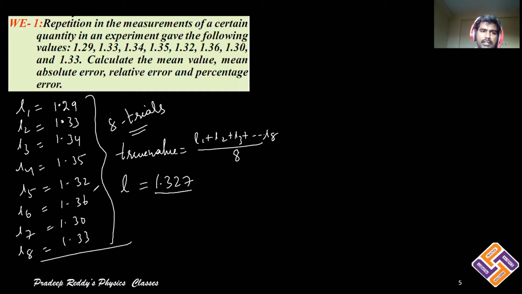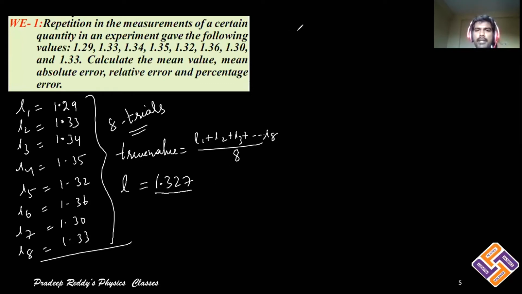L2, how many digits? 2. L3? So in all these trial values, you have only 2 digits after the decimal point. Therefore, when you take the average, you have got 3 digits after the decimal point. So don't take 3 digits after the decimal point when finding the average, because it gives you wrong information. Why is it wrong information?